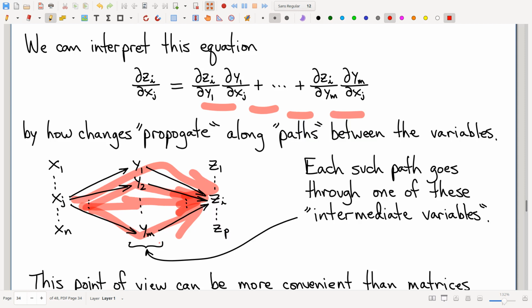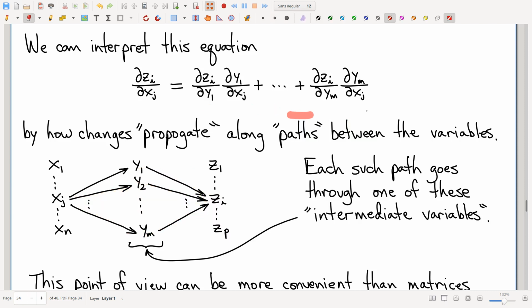So this is sometimes called the intermediate variable's point of view on the chain rule. All right. So it can be very convenient in some circumstances.